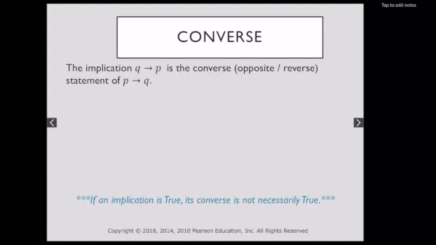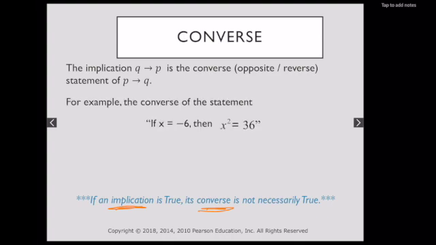The implication Q implies P is the converse, or the opposite, of P implies Q. It's important to note that if an implication is true, the converse is not necessarily true. So for example, the converse of the statement, if x equals -6, then x squared equals 36, would give me, if x squared equals 36, then x equals -6.